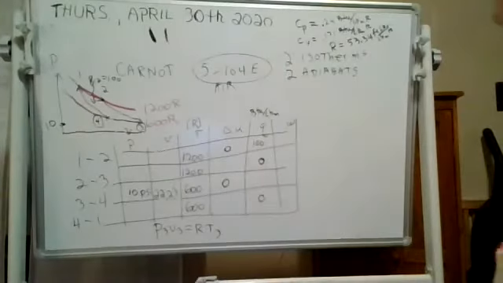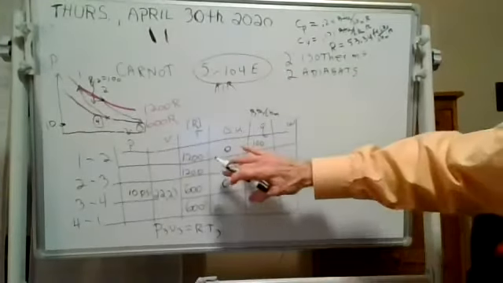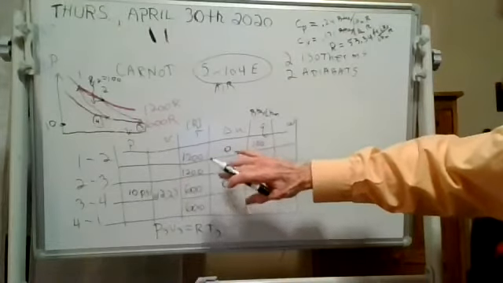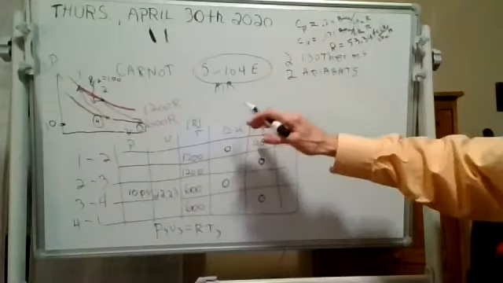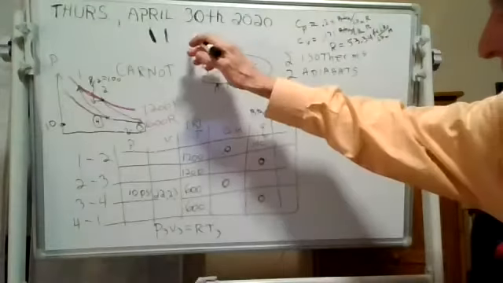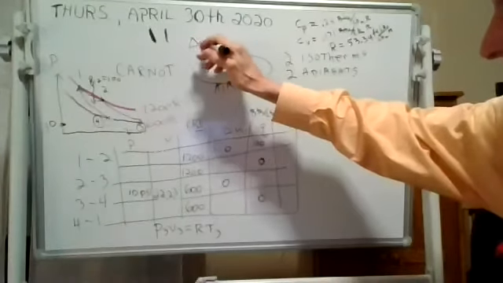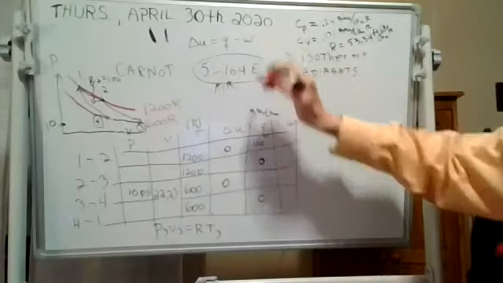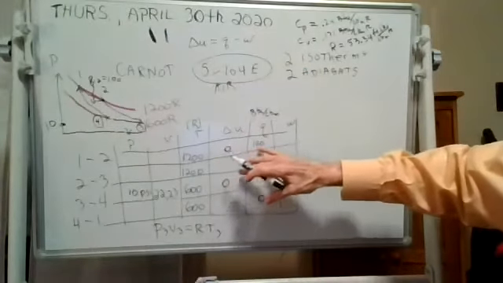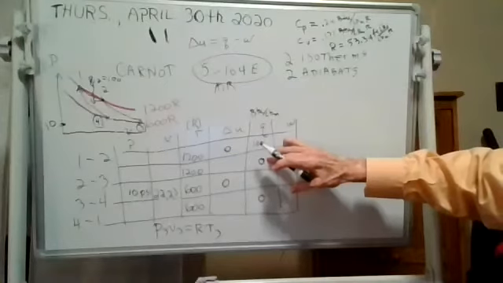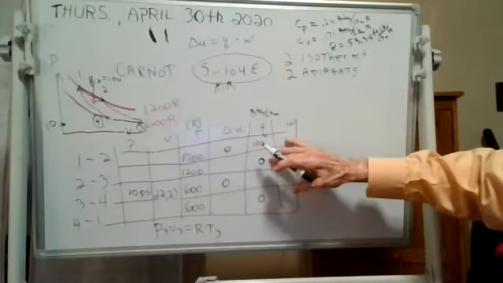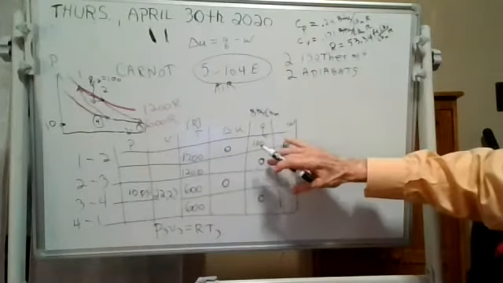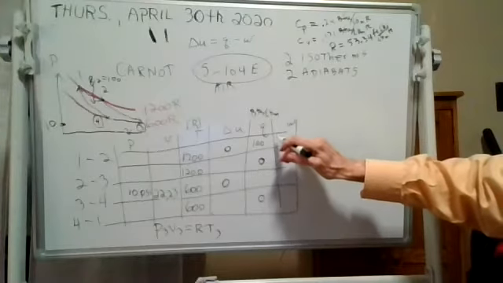Hey, looky here. Our first law, this is a control mass. It's a piston cylinder. You know the first law, it goes delta U equals Q minus W. If you know delta U and Q, you should be able to get W. Going from 1 to 2, the W is either going to be plus or minus 100.